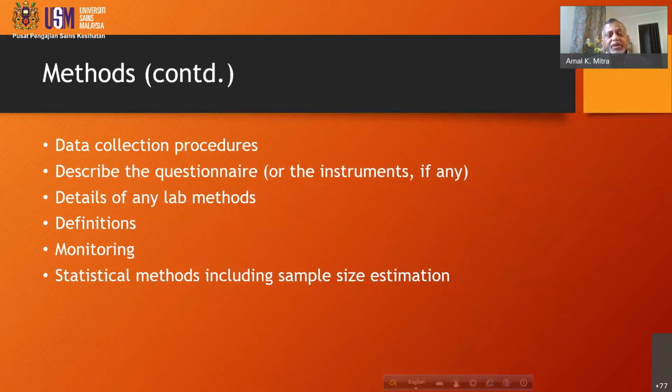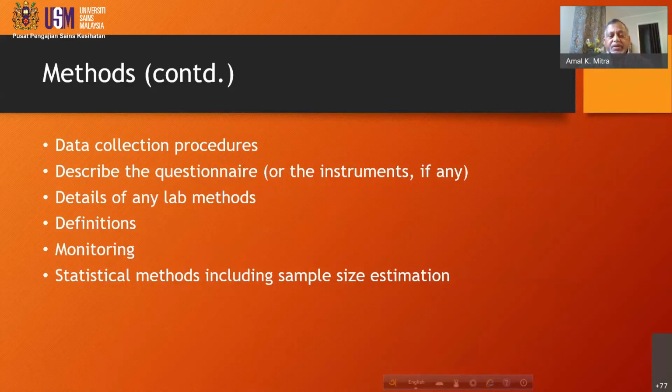There is a specific way of writing it. For example, if it is IBM's SPSS, with the current version there is one way of writing it. The previous version is another way of writing it. So be very particular about writing the reference of statistical methods. Usually we use the version number also. What version?